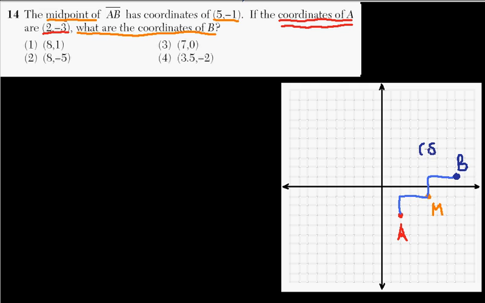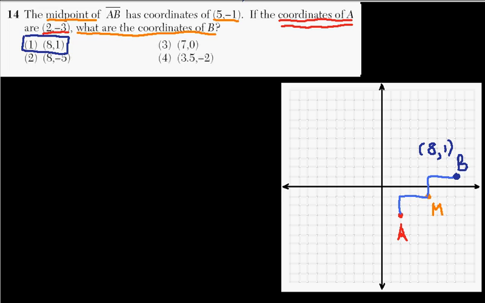That's (8, 1). If you didn't quite follow where I got the 8 from, I just realized that the midpoint has an x-coordinate of 5, so I just counted out 3 further. But we can check: 1, 2, 3, 4, 5, 6, 7, 8, and then up 1. So that's point B. And there it is in our answer, (8, 1).